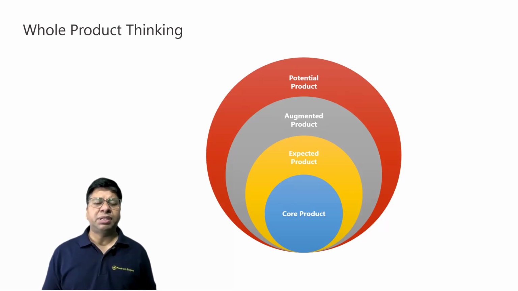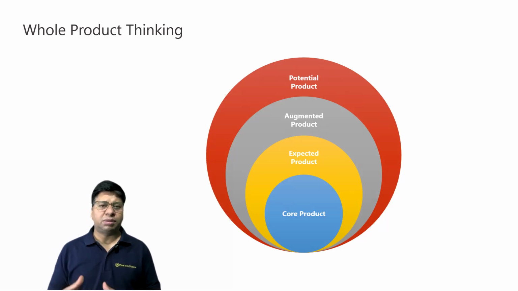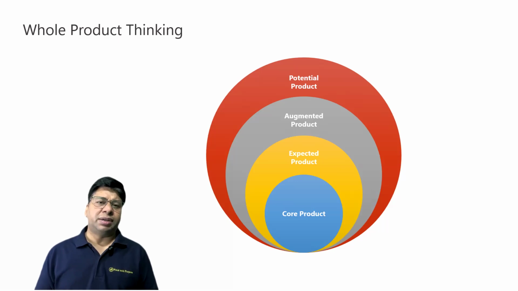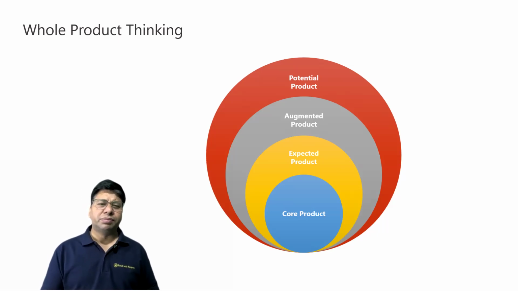Expected is something which we expect these products should also have. And augmented product is something which differentiates you from the competitor. So the competitor differentiator is the augmented product: some functionality, Gorilla Glass, or an advanced camera.